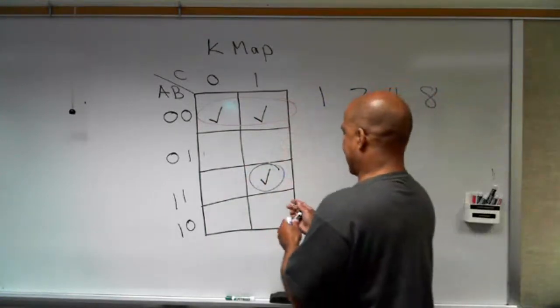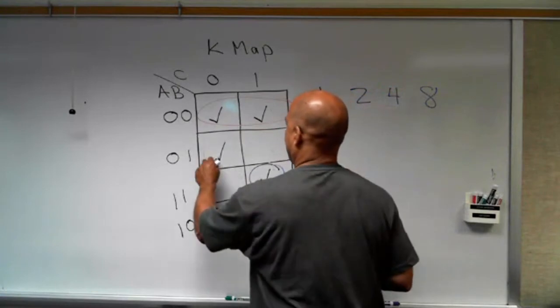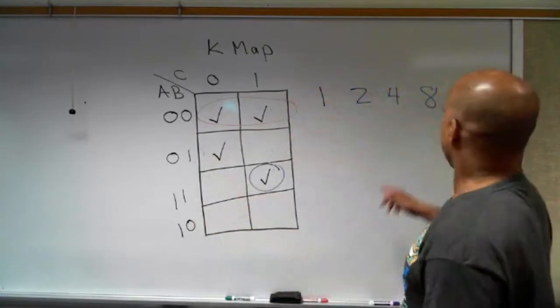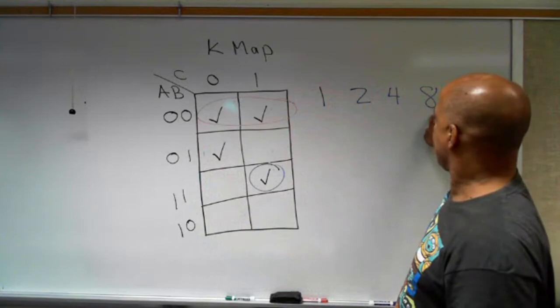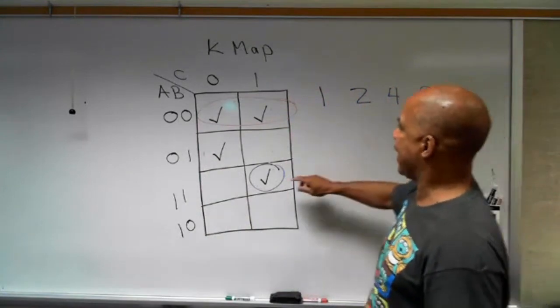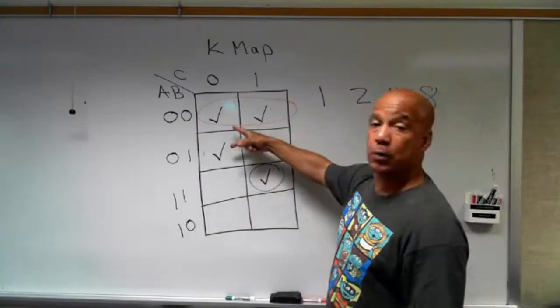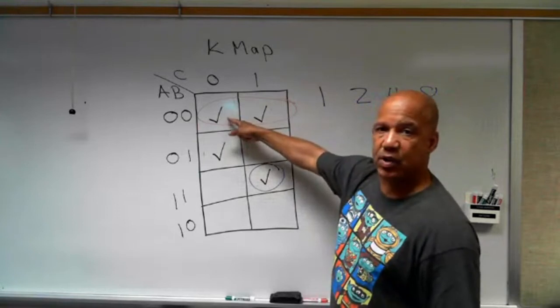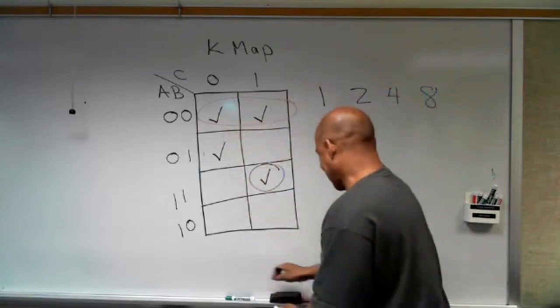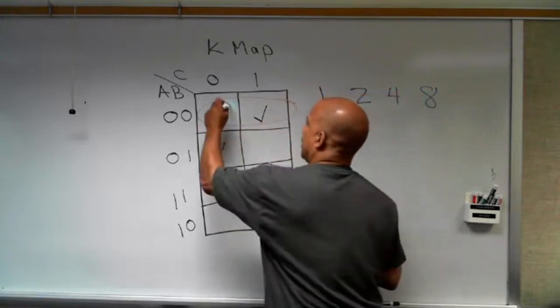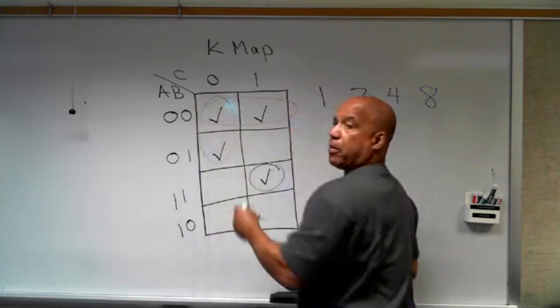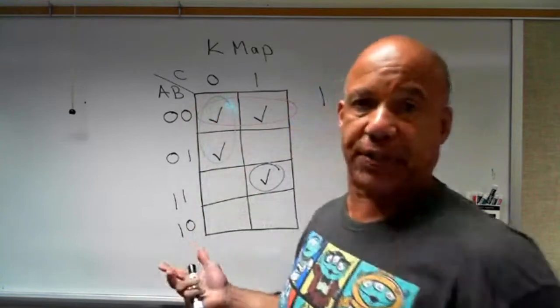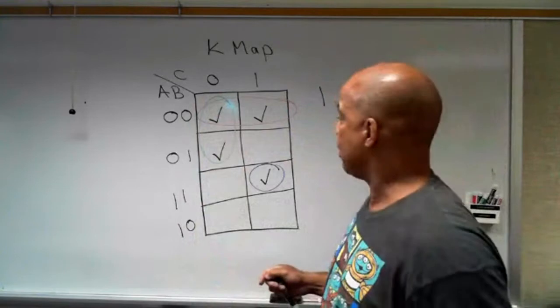Now let's say I had this. You can't have 3, but you can have 2 groups of 2. You see this one? Even though I've already used it in one group, I can do that. I can reuse a member. The fact that I circled it once doesn't matter.